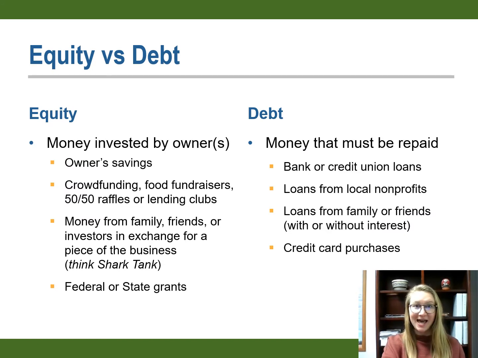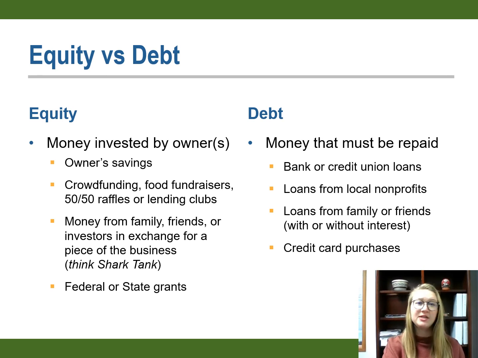Equity versus debt. These sound like intimidating financial terms, but don't worry, you're already familiar with the concepts. Equity is the money that the owners have invested in their business that does not need to be paid back. Equity is what you own. Debt is what you owe or what needs to be repaid.